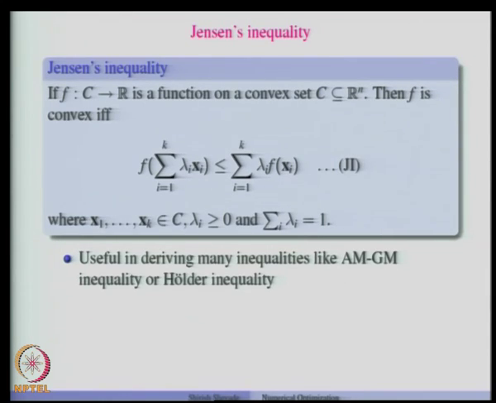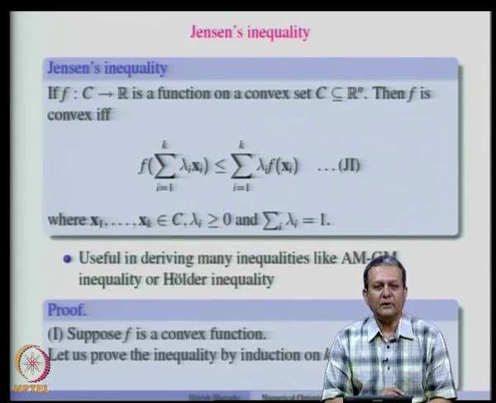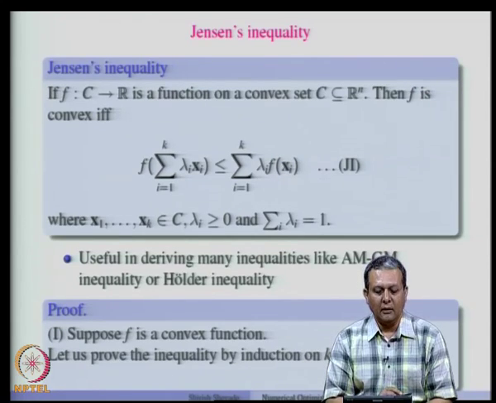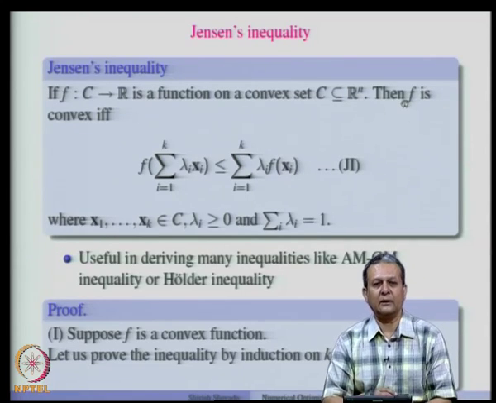Now, let us try to prove this theorem. The proof of this theorem is by the method of mathematical induction, and it goes in 2 parts. The first part assumes that f is convex and then shows that this inequality holds. The other part assumes that this inequality holds and then shows that f is convex.